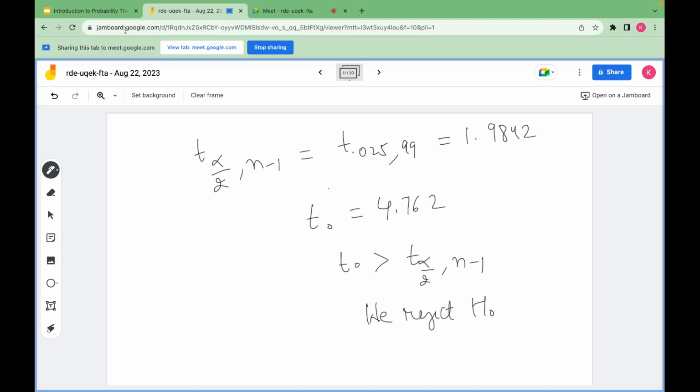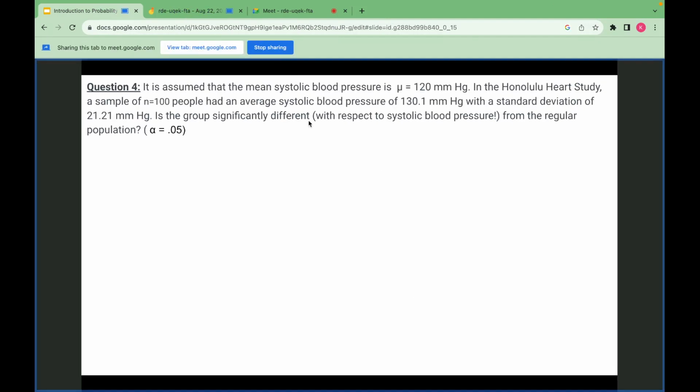Okay, so our conclusion is that this group is significantly different from the regular population, because we rejected the null hypothesis. The null hypothesis was claiming that both these averages are equal, but we are rejecting our null hypothesis.